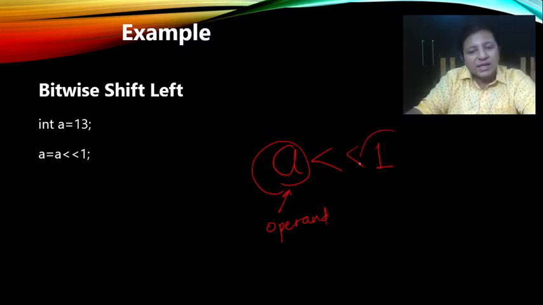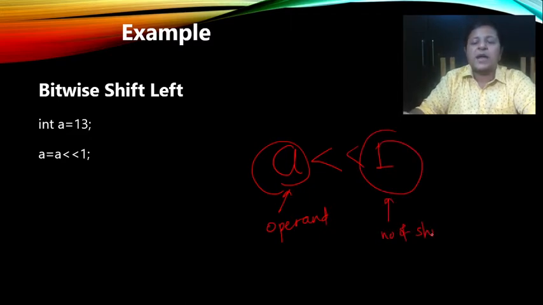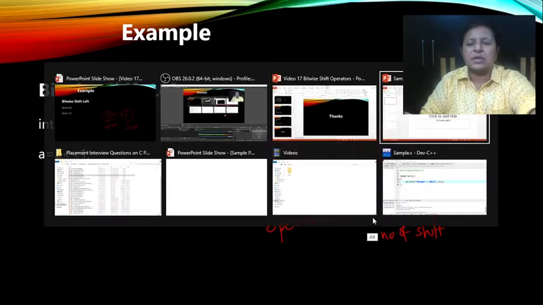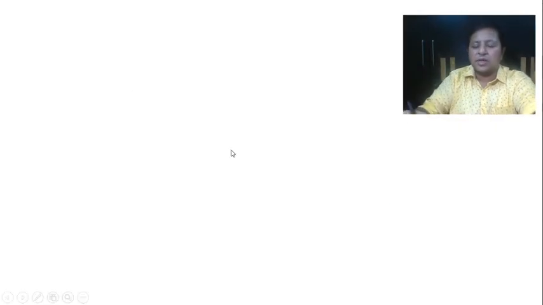And this is the number of shifts, so we have to shift the corresponding operand by 1 bit. First I'll show you how exactly it gets shifted, and then we'll see the result here. We can also see the execution.